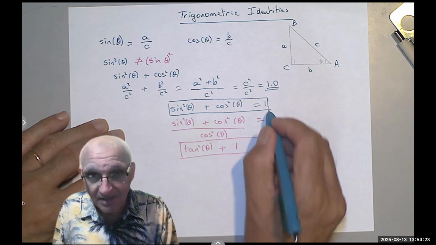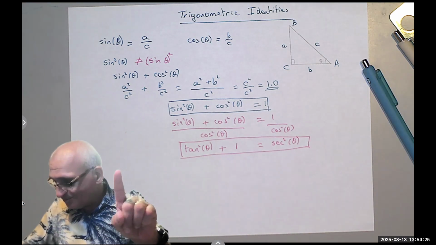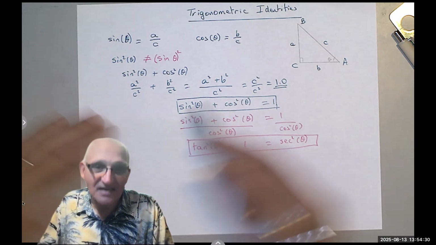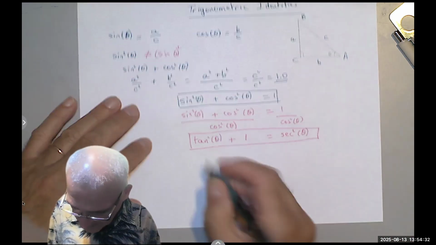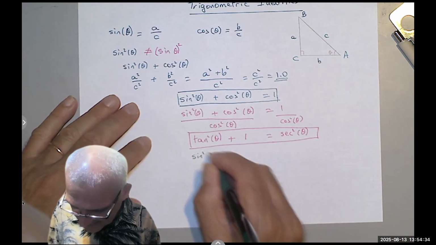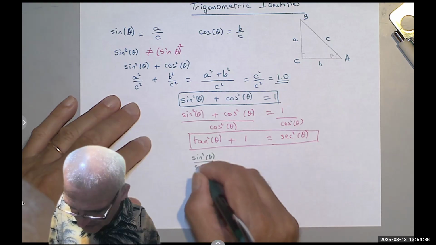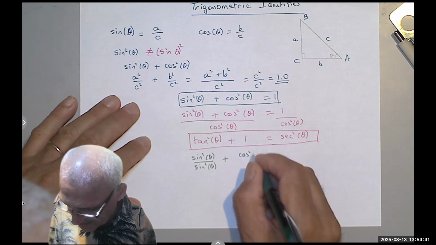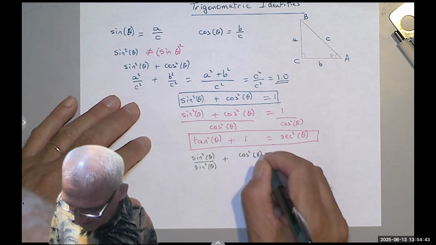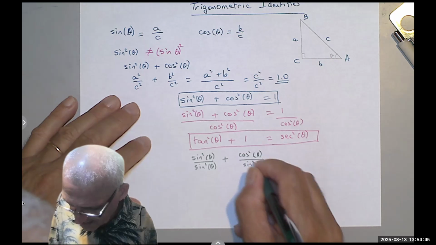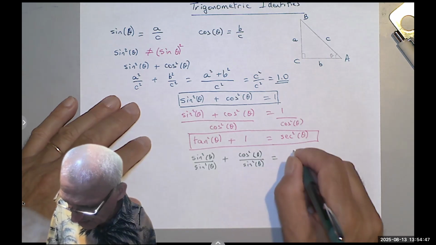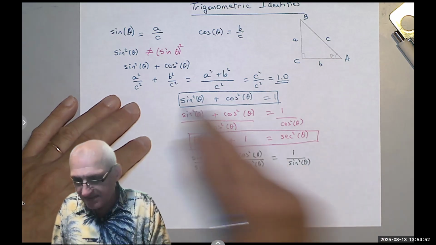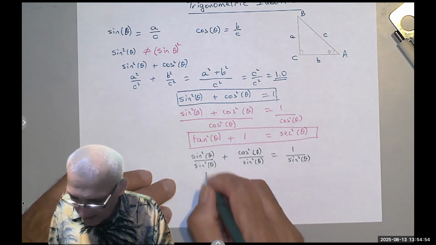Divide both sides by sine square, right? So we can write it like that, sine square theta over sine square theta, if you wish, plus cosine square theta over sine square theta equals 1 over sine square theta, right? I divide everything by sine square, so that becomes 1.